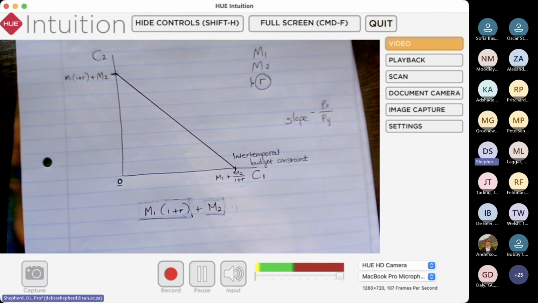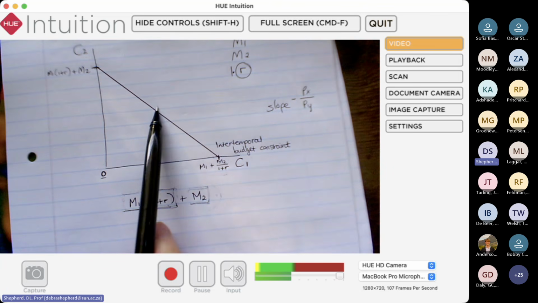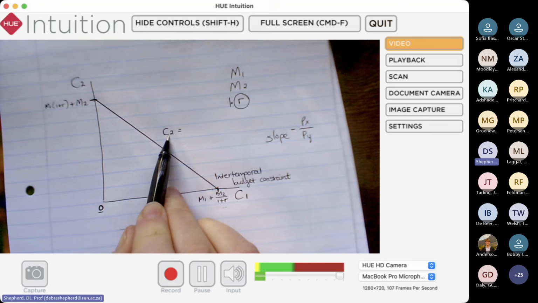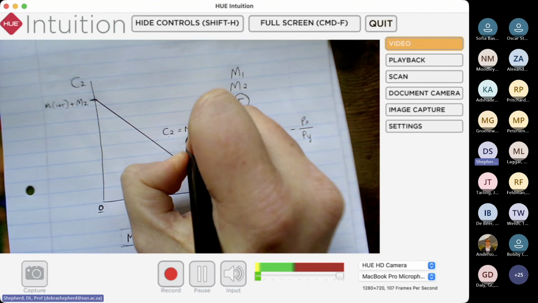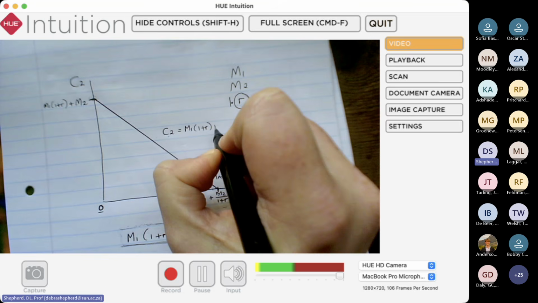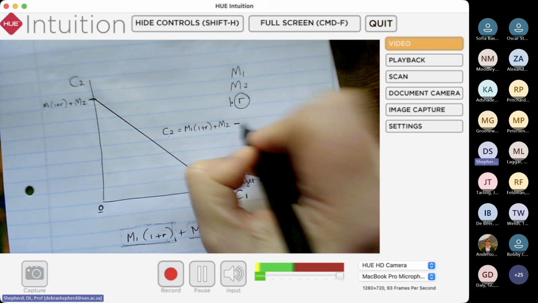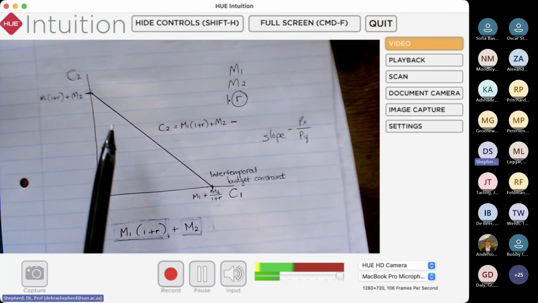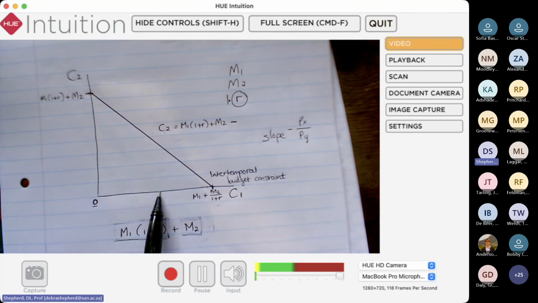The function of this line would then be C2, so that's y, equal to the intercept, which is M1(1 + R) + M2, that's the y-intercept, minus, because it has a negative slope. And then the slope of this line represents, if I chose to consume 1 extra rand today, how much would that cost me relative to 1 rand of consumption in the future?